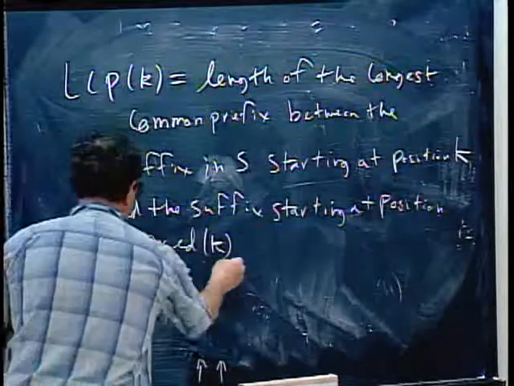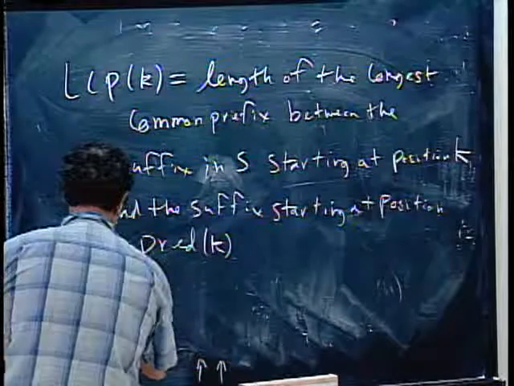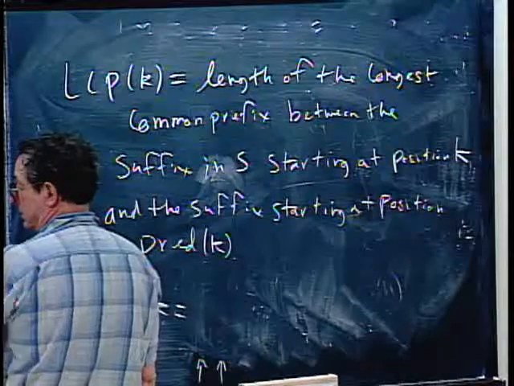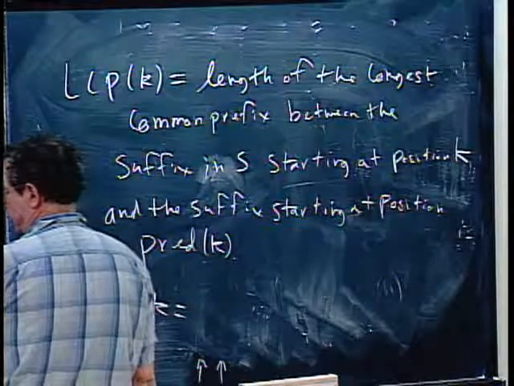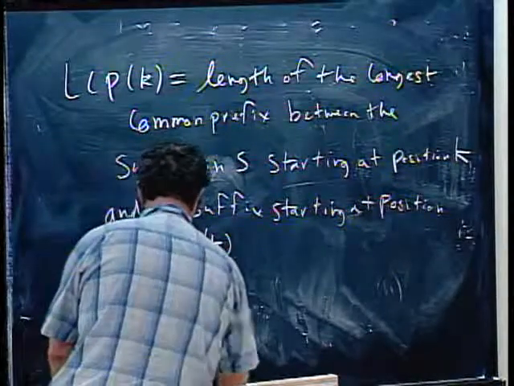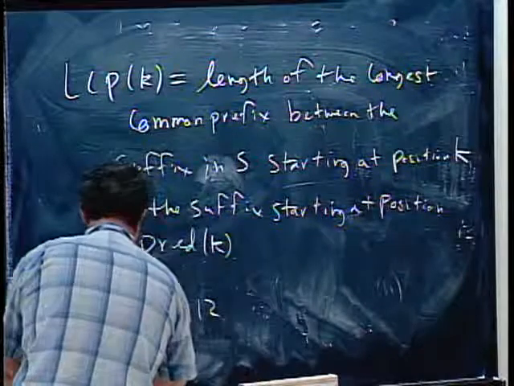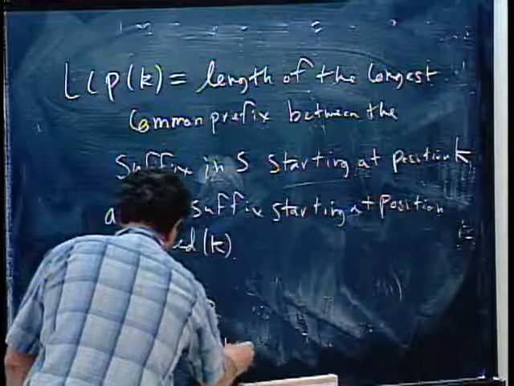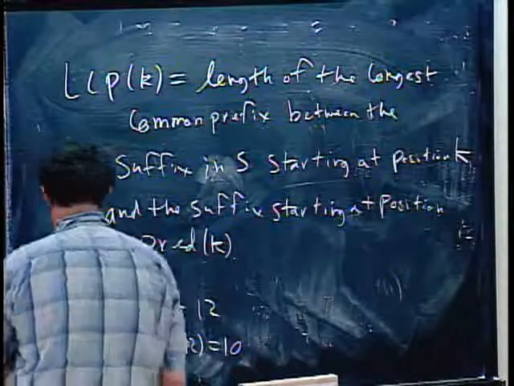So again, an example, if k is equal to 12, pred 12 is equal to 5, sorry.